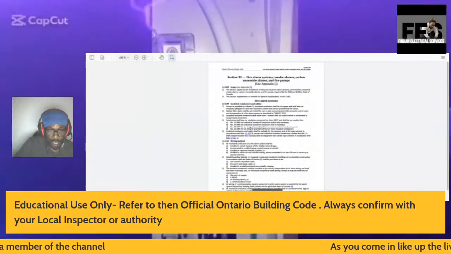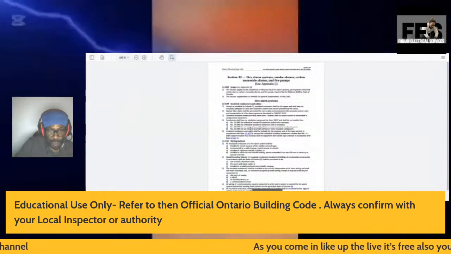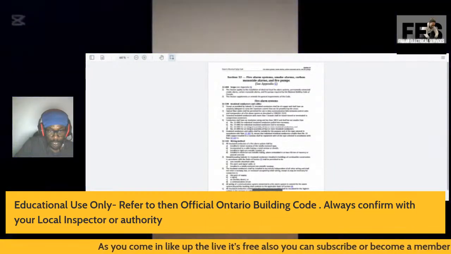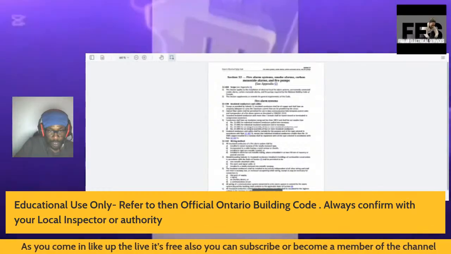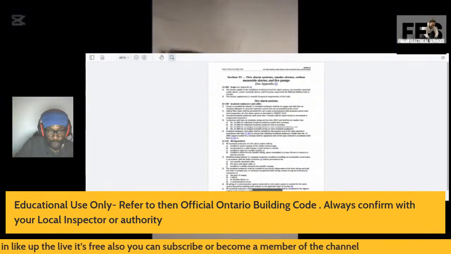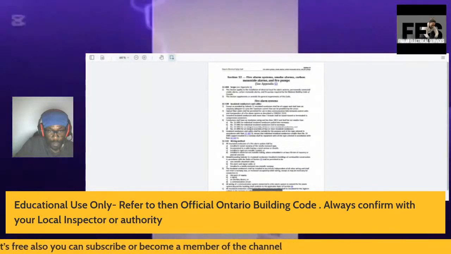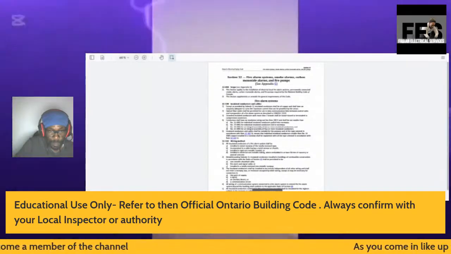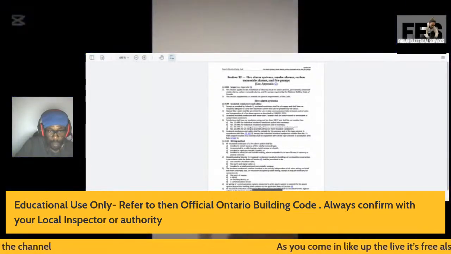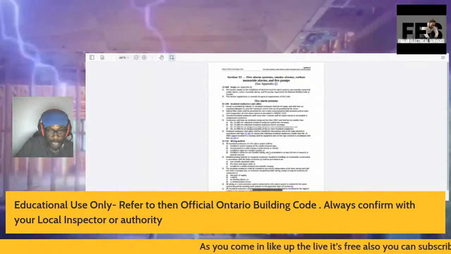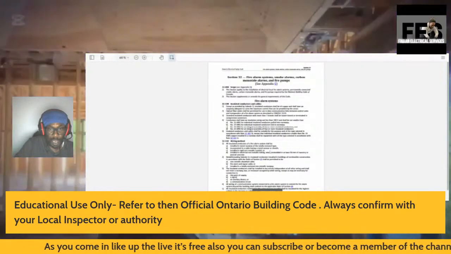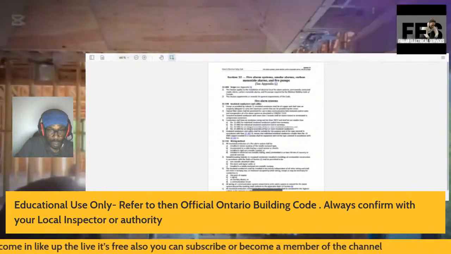Wiring method: an insulated conductor of a fire alarm system shall be of the fire alarm system type, a cable having a metal armor or sheath. The trade name we call it is BX, armored cable is the name.